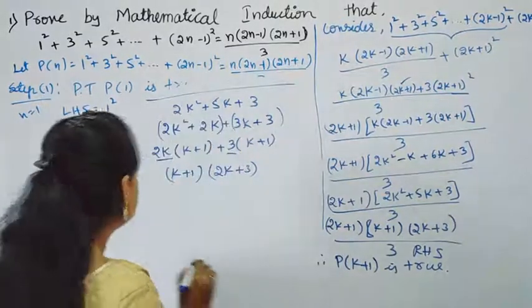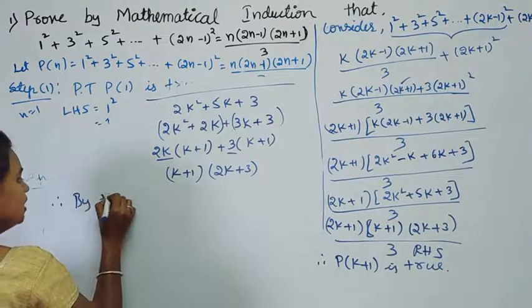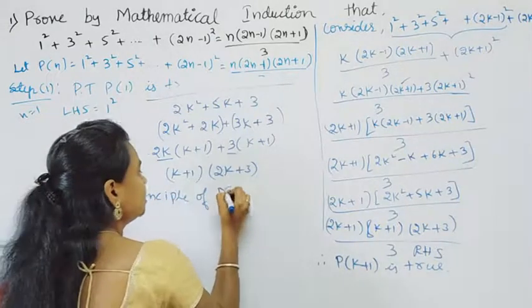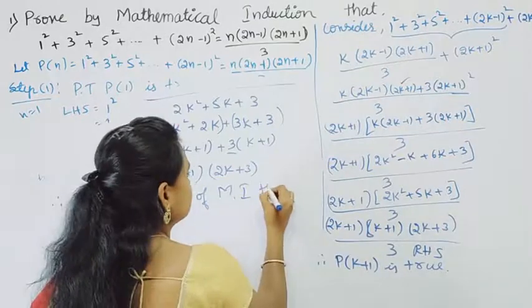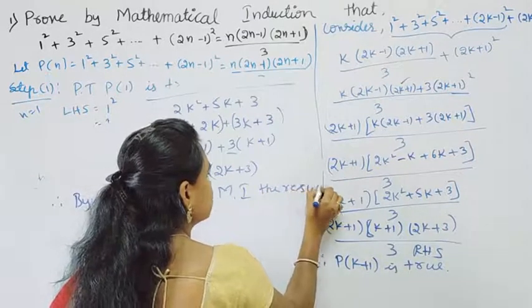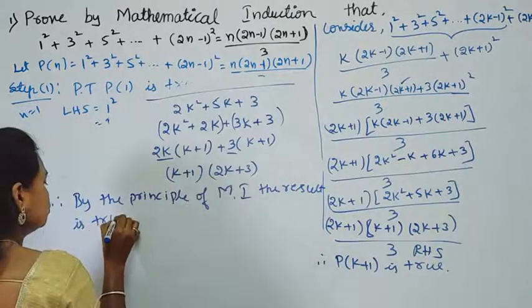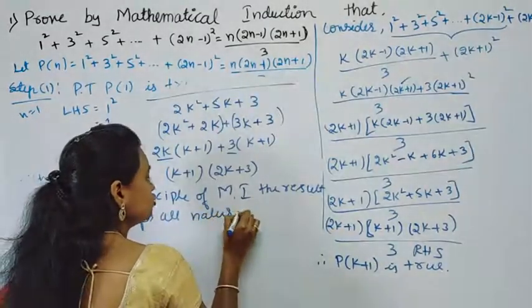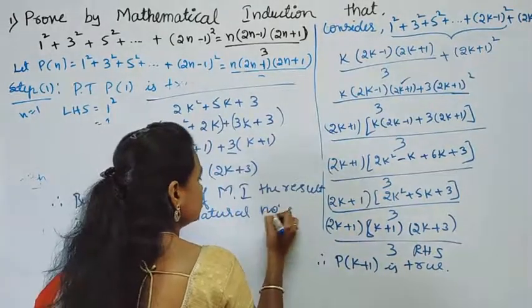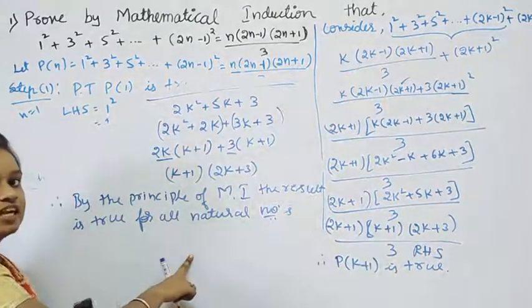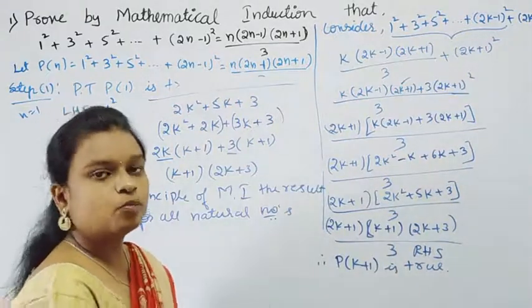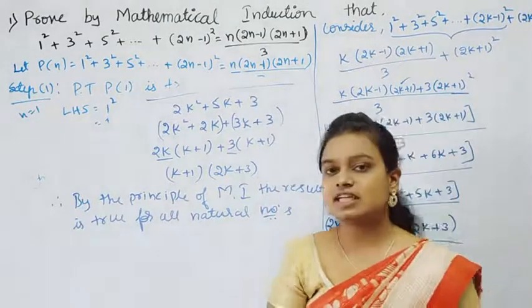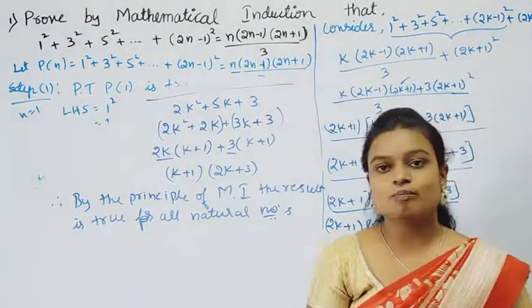Therefore, by the principle of mathematical induction, the given result is true for all natural numbers. You must write this sentence at the end of this problem. Understand? So this is the problem solving using mathematical induction. I will continue this topic in my next session.